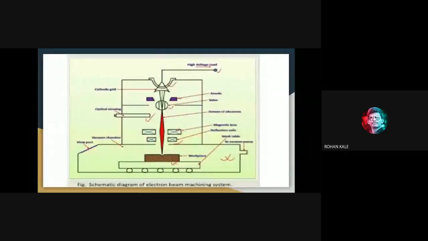Also, this cathode is a tungsten cathode.